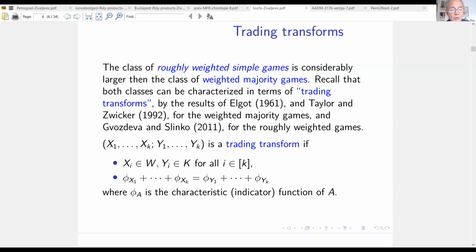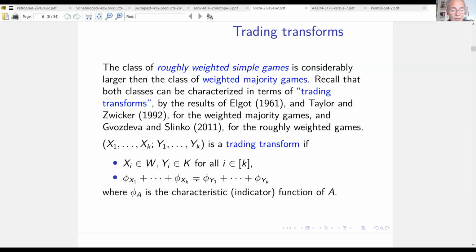It is a sequence of subsets x1 up to x sub k, and y1 up to y sub k. And it is a trading transform if all x's are winning coalitions, if all y's are losing coalitions, and if these two sums of characteristic functions are equal.